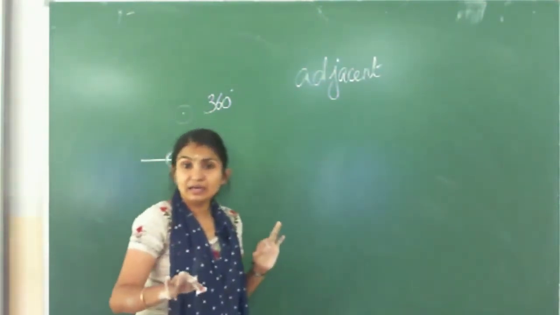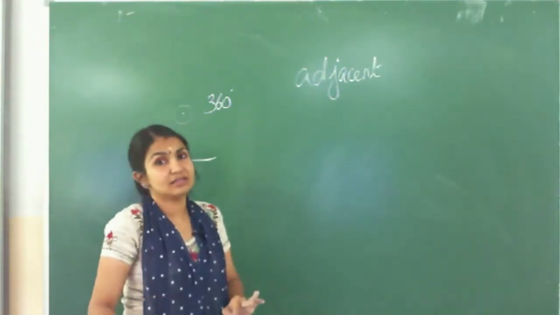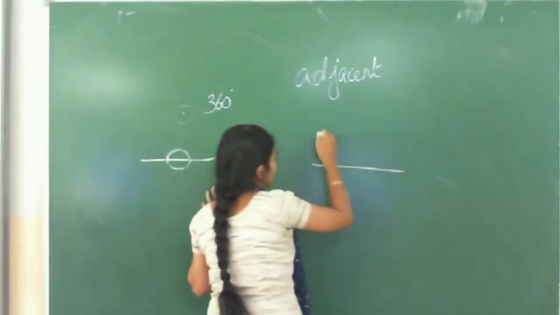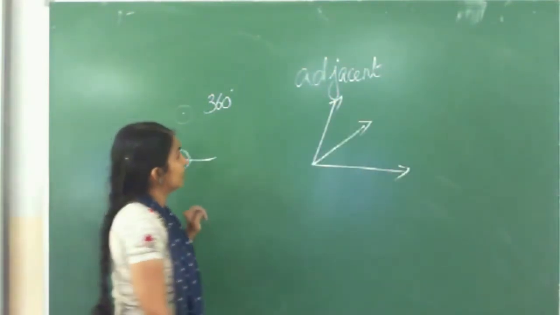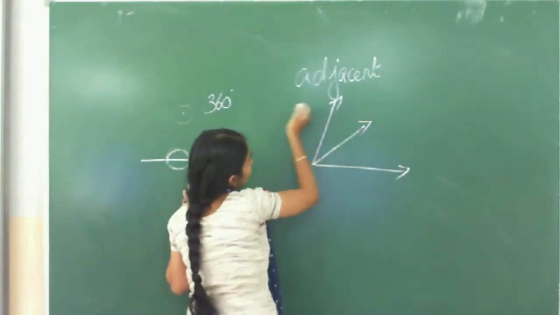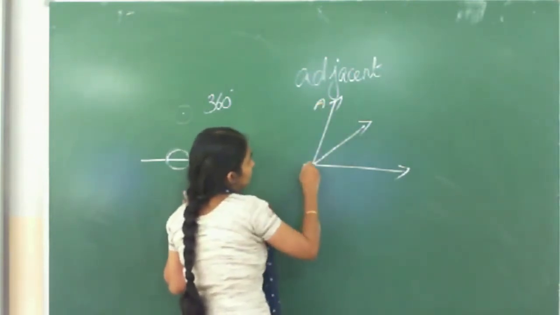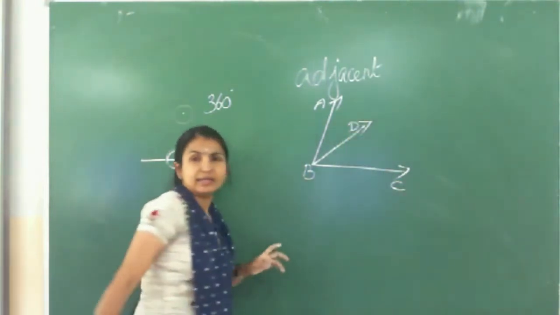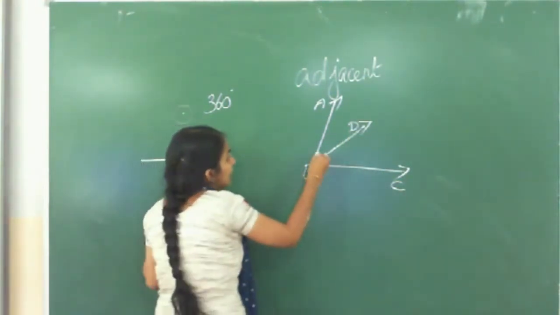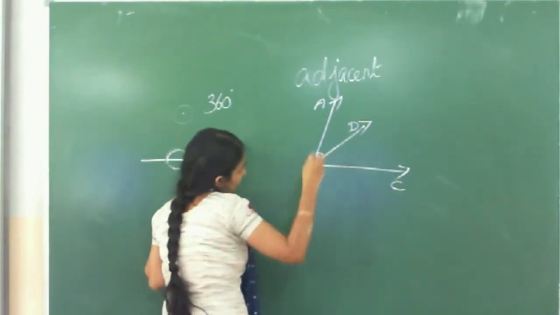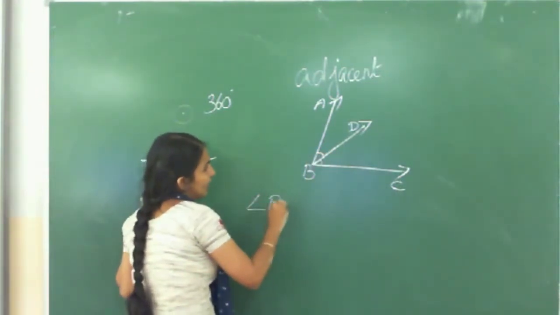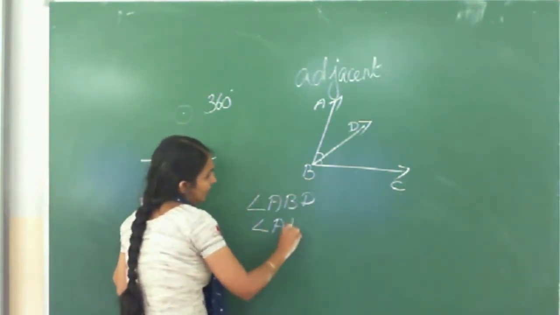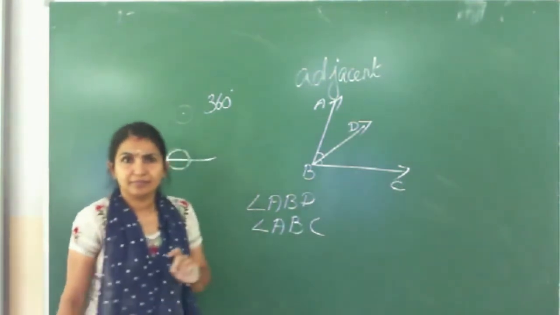Adjacent angles means 2 angles are there. We have 2 angles here. I am just going to name it A, B, C and D. Here we have 2 angles, this and this one, means angle ABD and angle DBC.